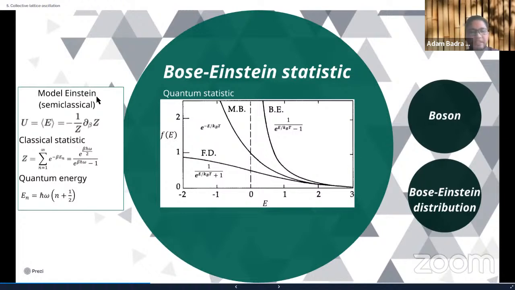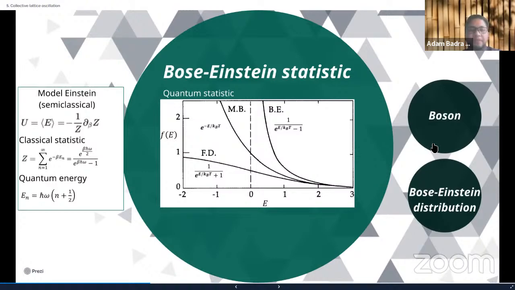So the energy U, the statistic used here, is still classical. However, we use the quantum energy. So now, if we want to understand fully, then we need to understand it as a more full quantum contribution.